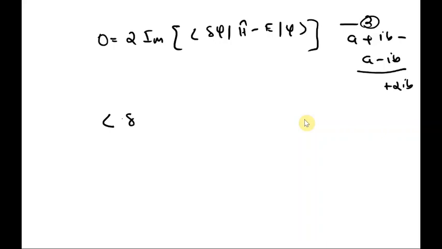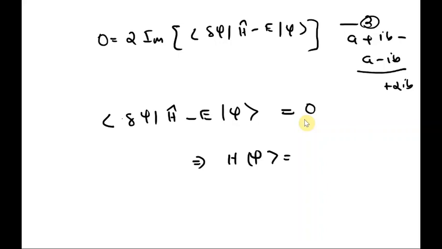So δ(ψ|Ĥ − E|ψ) = 0, or from this you will immediately get Ĥψ = Eψ, moving this to the right-hand side.